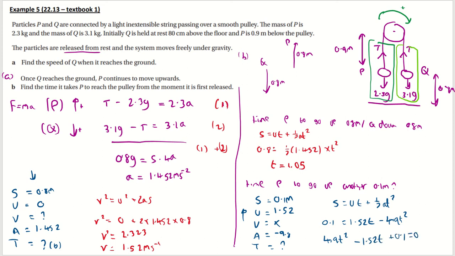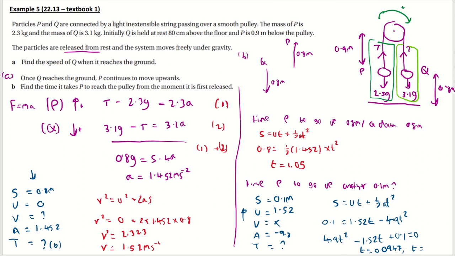And that's going to give me t equals either 0.0947 or t equals 0.216. Now obviously what you've got to understand is in the context, this Suvat equation doesn't know that we're talking about it hitting the pulley. As far as it understands, P is moving up, then stopping and coming back down, so we want the smaller of the two times.